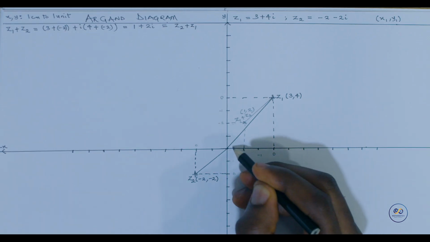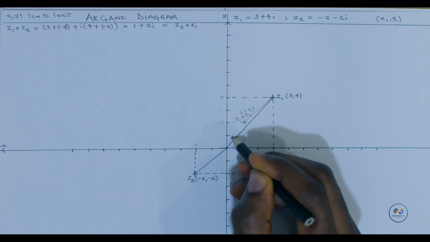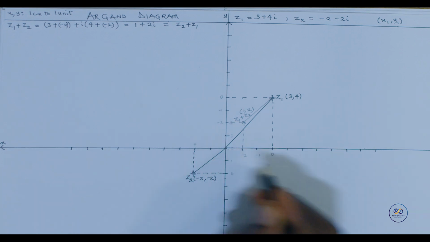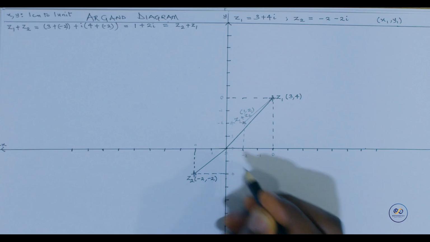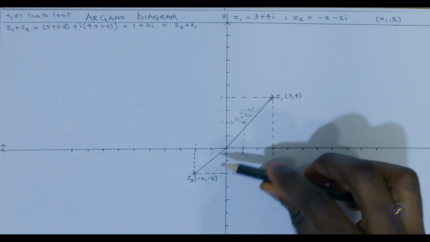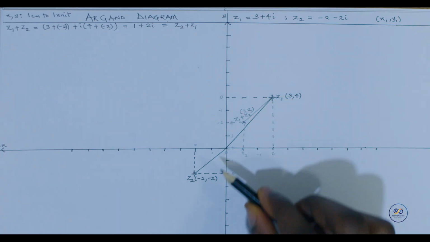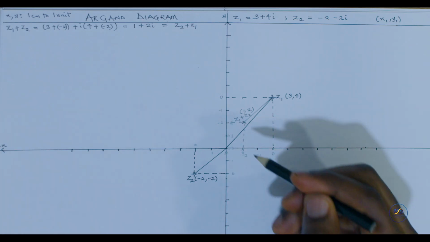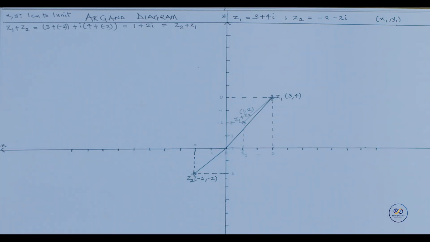Because this is 1, 2, 3, 4 on the y-axis, and then on the x-axis this is 1, 2, 3. So you see that whether I overlay it from Z1 to Z2, or I go from Z2 to Z1, I will still come across the same additive space. That tells us that commutativity holds.